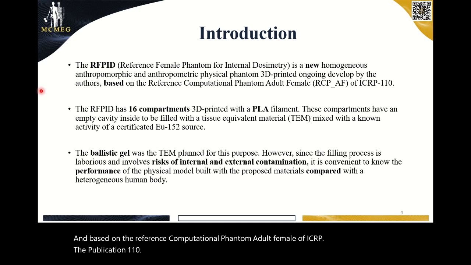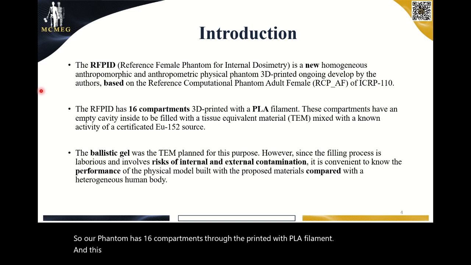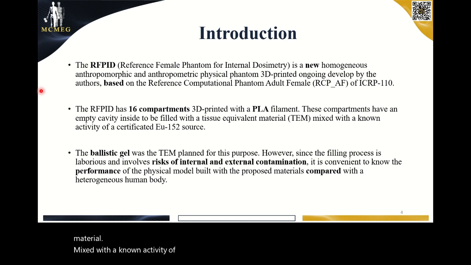So our phantom has 16 compartments 3D printed with PLA filament, and these compartments have an empty cavity inside to be filled with a tissue equivalent material mixed with a known activity of a certified Europium-152 source. The ballistic gel was the tissue equivalent material planned for this purpose.